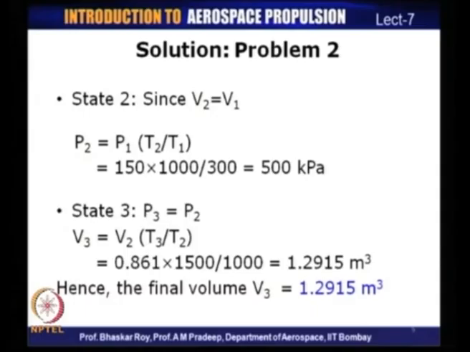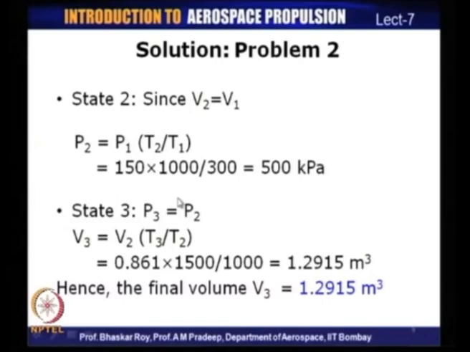Therefore, V2 is equal to V1, and using the ideal gas state equation, P2 is equal to P1 times T2 by T1. Since P1 is 150 kilopascals, T2 is 1000 Kelvin, and T1 is 300 Kelvin, P2 is equal to 500 kilopascals.